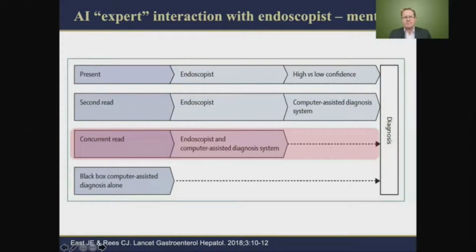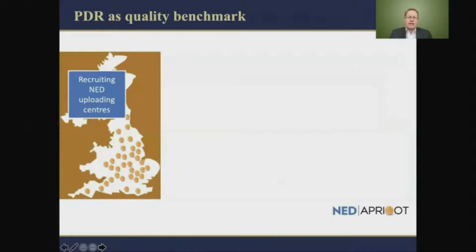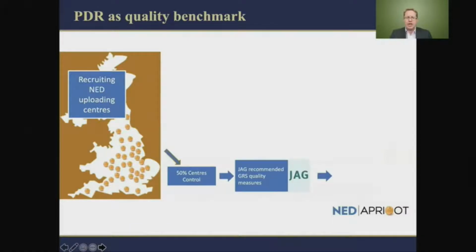So finally, is polyp detection rate going to take over as a quality benchmark compared to adenoma detection rate, which we're very familiar with? And I think this may provide the answer. This is Matt Rutter's NED apricot study, which is at multiple centres in the UK.